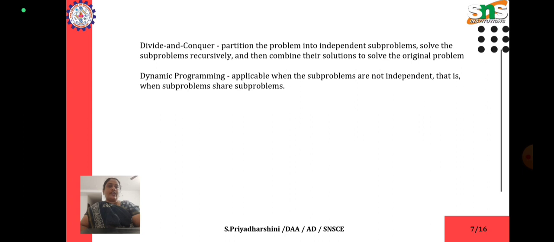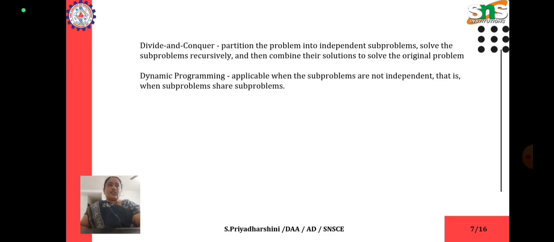When we take the analysis, it will be in theta of n log n. So let's see what are the advantages and disadvantages of dynamic programming. Since it uses the tabulation method, optimal substructure means that we combine the results of subproblems to achieve the optimal solution for the bigger one, and there is also another case called overlapping subproblems, where the same subproblems are solved repeatedly in different parts of the problem.